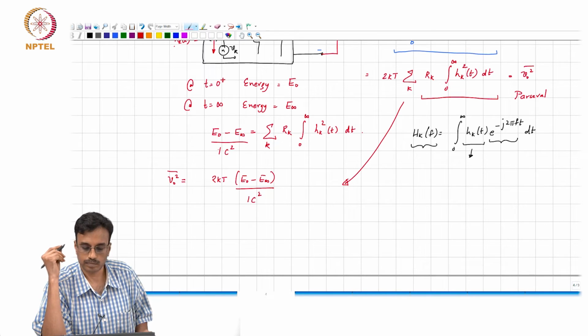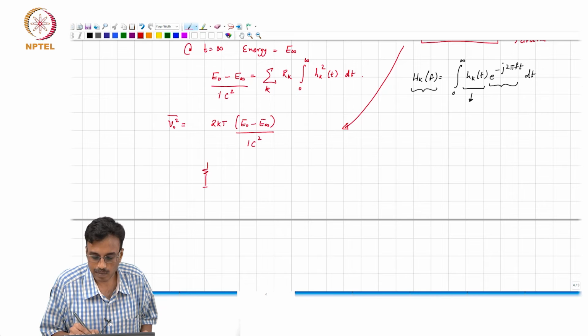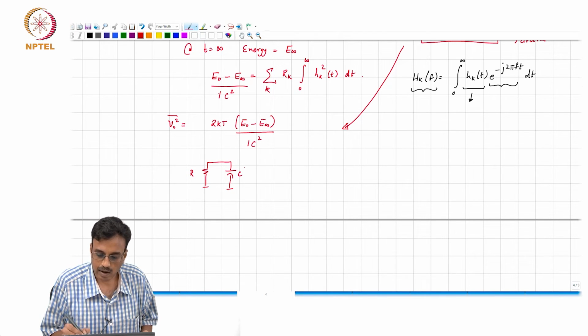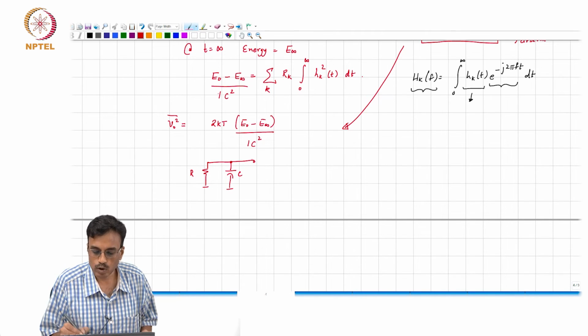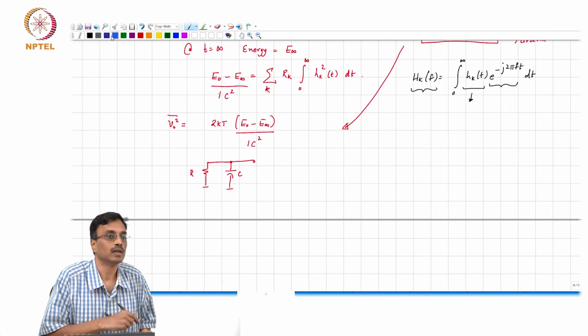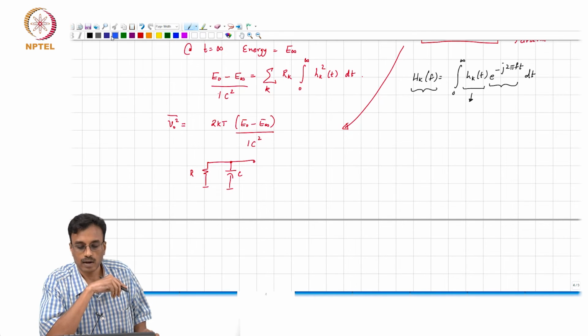All right. So, let us start with our typical known case, which is R and C, correct. So, what do we need? What is E0 by the way?